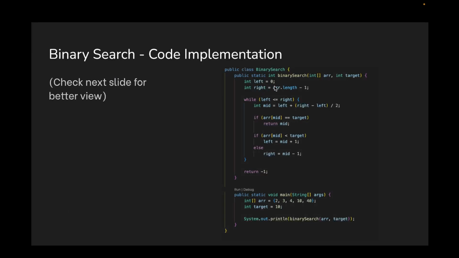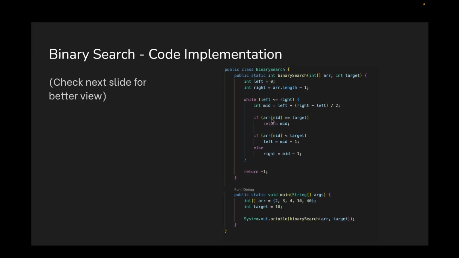So that's our right value. So we're searching from left to right. While left is less than or equal to right, we'll see why we're doing that, we calculate the middle value. This is one way you can do it: left plus (right minus left) divided by 2. You can also just say (right plus left) divided by 2 as we did before, but they'll be the same thing. So you find the middle value.